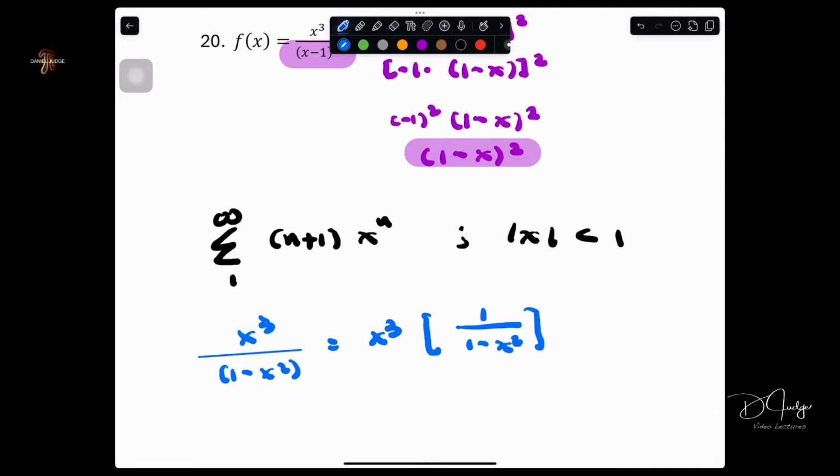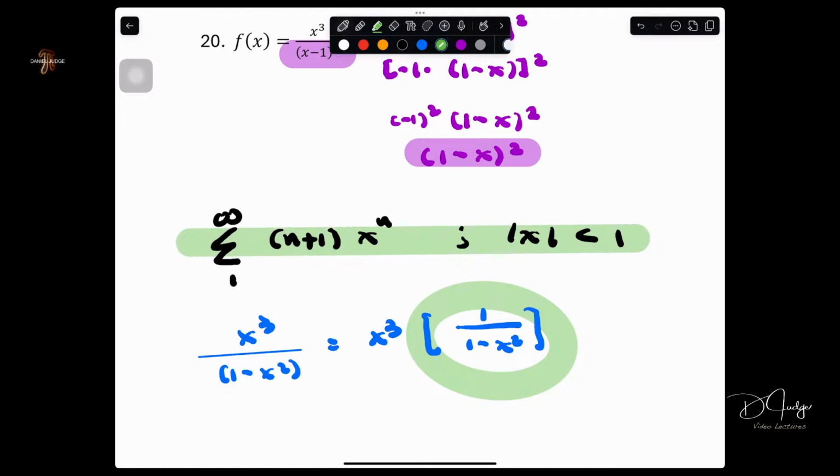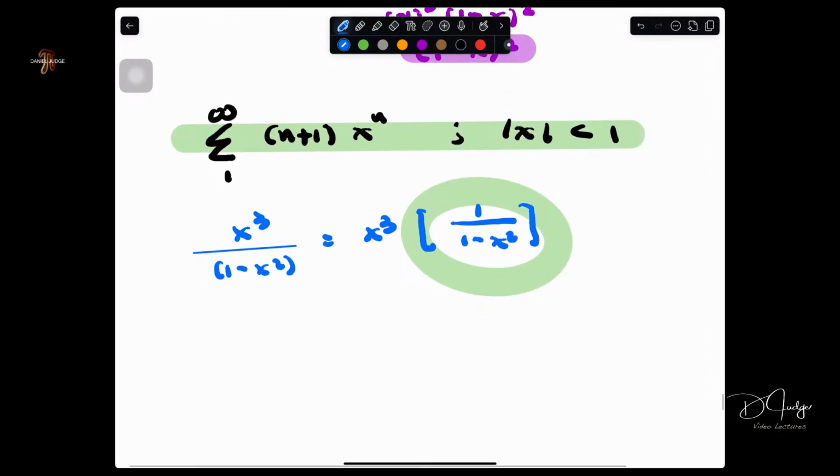We just showed those were equivalent because we have a power series expansion here. And this is the power series expansion. Okay. X cubed times the sum from 1 to infinity, n plus 1, x to the n, for the absolute value of x being less than 1.